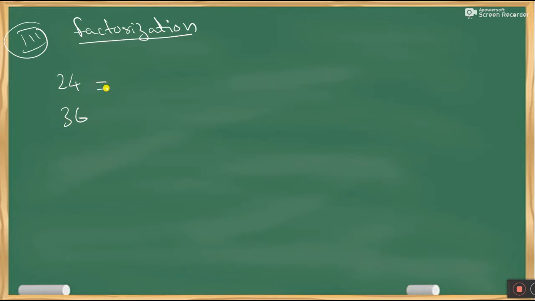Now what is factorized form? Factorized form is nothing but writing a given number in terms of a product of powers of prime numbers. That means you just write prime number to the power of anything, into prime number to the power of anything. So how do we split 24 in terms of prime products and their powers?